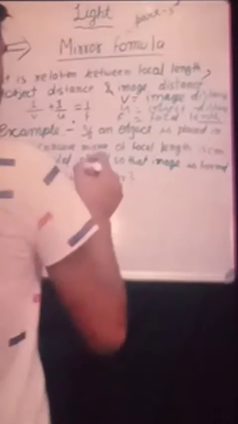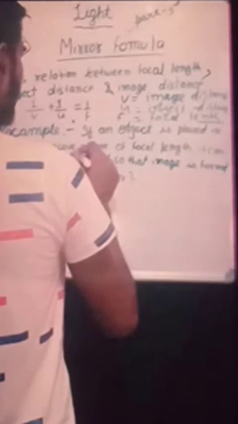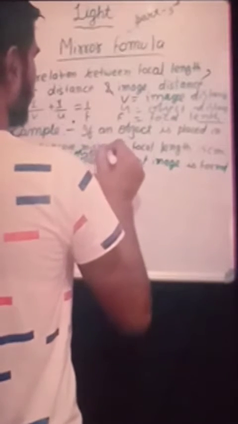Now let us solve our example. Let us see the question. If an object is placed in front of a concave mirror of focal length 15 cm, where should the object be placed so that the image is formed 60 cm away from the mirror?